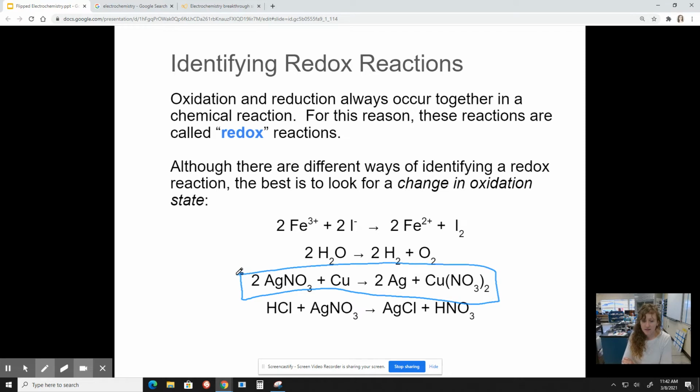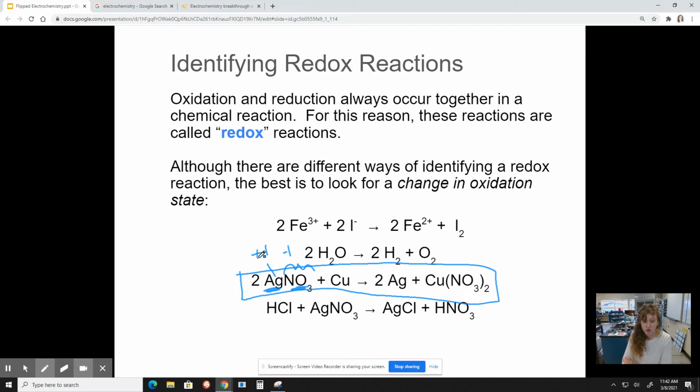Again, not a super obvious redox reaction, but once we actually start to assign oxidation states, silver is going to be a 1 plus because nitrate is a real ion with a 1 minus charge. So these are actual ions inside of this compound.